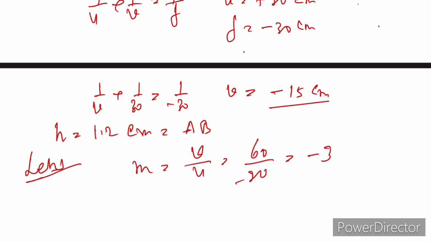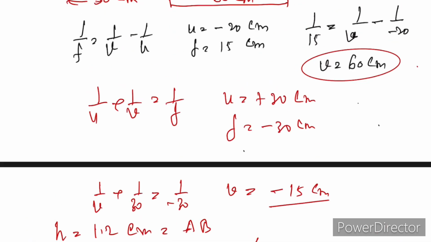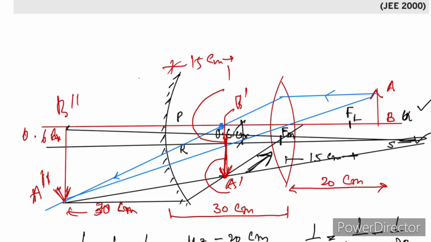So the length of A dash B dash, basically the image formed by the lens, is 1.2 into minus 3, that is minus 3.6. And here if we see, 0.6 is already the distance between the optic axis. So what is remaining is 3 centimeter, this length, correct.